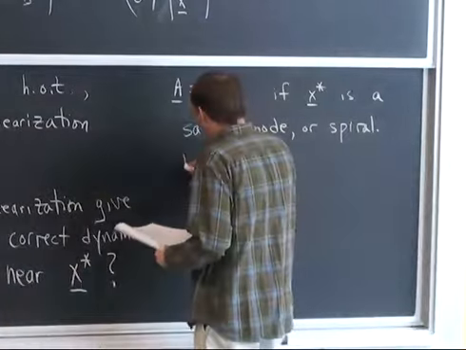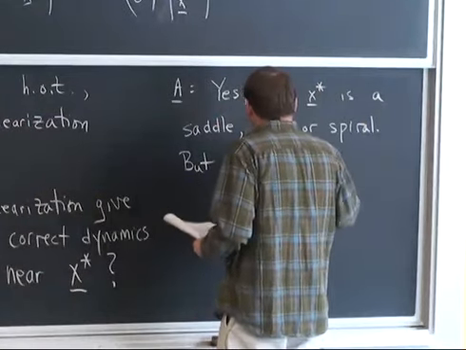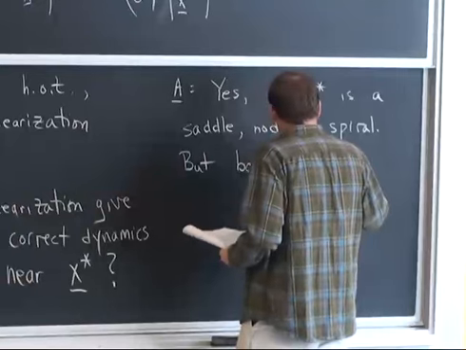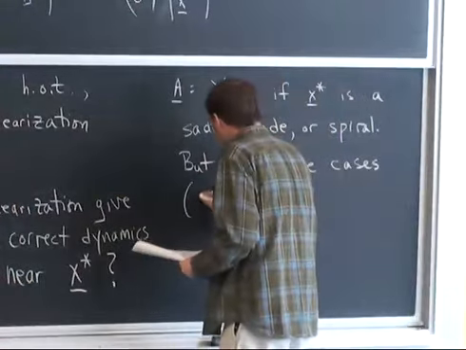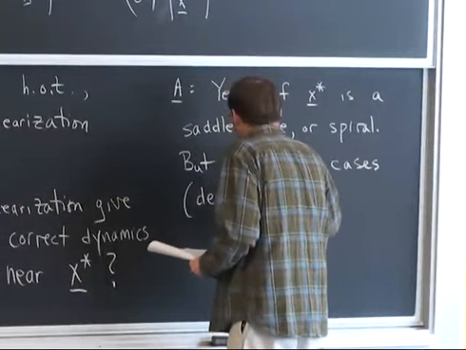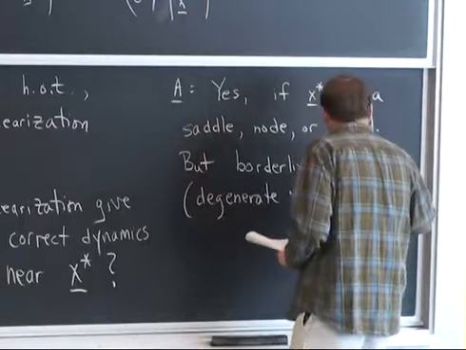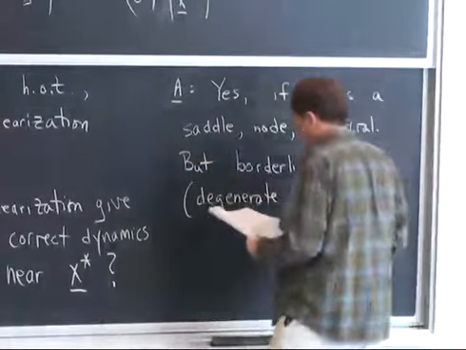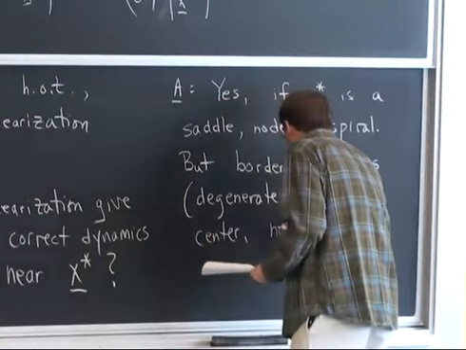But there are other cases which are borderline cases, in a sense I'll explain in a minute. The borderline cases, which would be a degenerate node, a star, a center, or non-isolated fixed points.